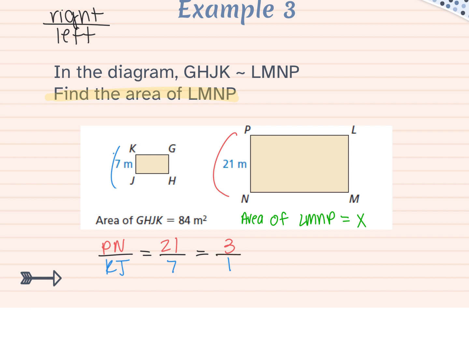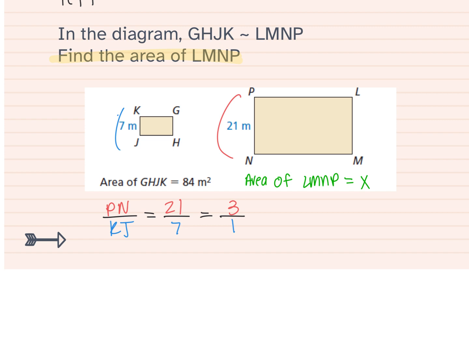My scale factor, my ratio of my corresponding side lengths, it's the same thing. So looking at it, I'm going to take that 3 over 1 and square it. And I'm setting it equal to the ratio of my areas. Which area are they giving me?